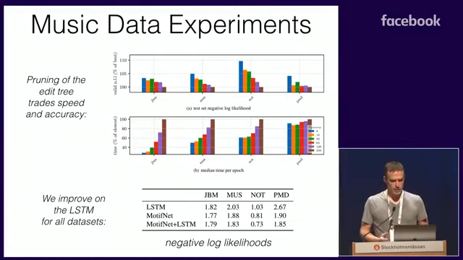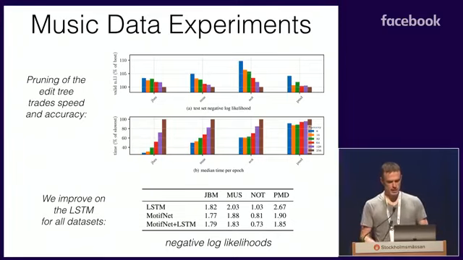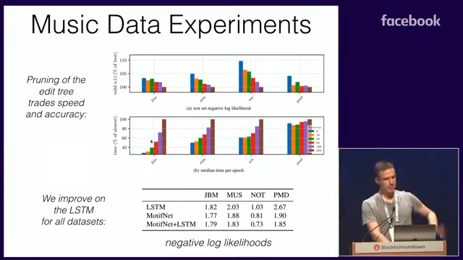But by lazily expanding the edit tree, if you like, you have a very natural way of trading off speed and accuracy. That's what we demonstrate in this plot. As you expand the tree more fully, you can see that the predictions get better, but the compute time increases.